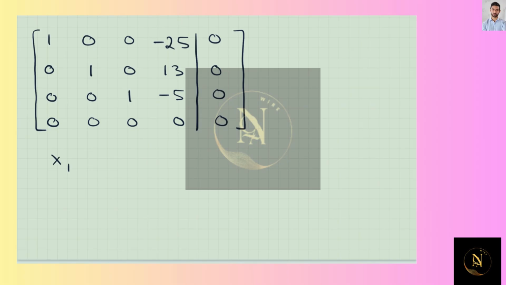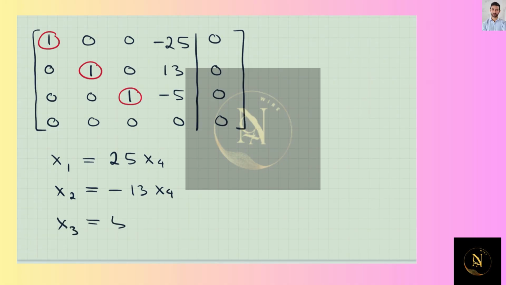There are 3 pivot columns, and the last column is a non-pivot column, and this means that x4 is a free variable. So we are going to write down the solution in terms of x4. x1 equals 25x4, x2 equals negative 13x4, x3 equals 5x4, and x4 is a free variable.